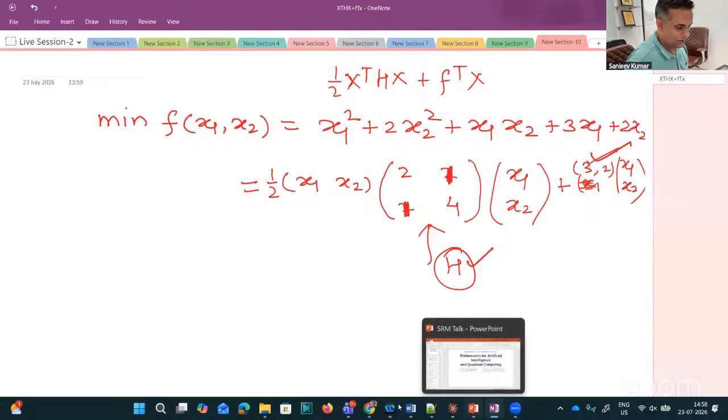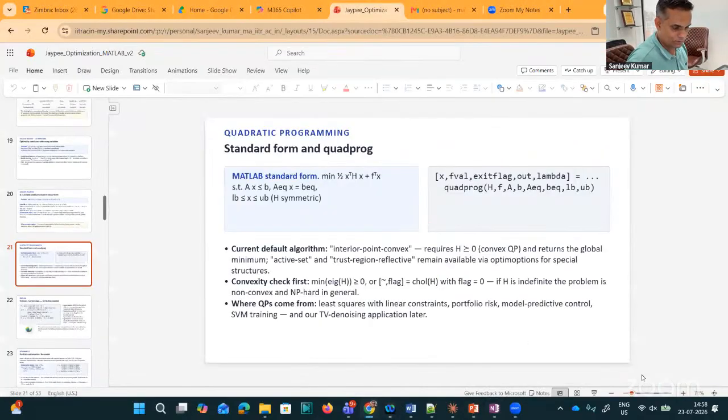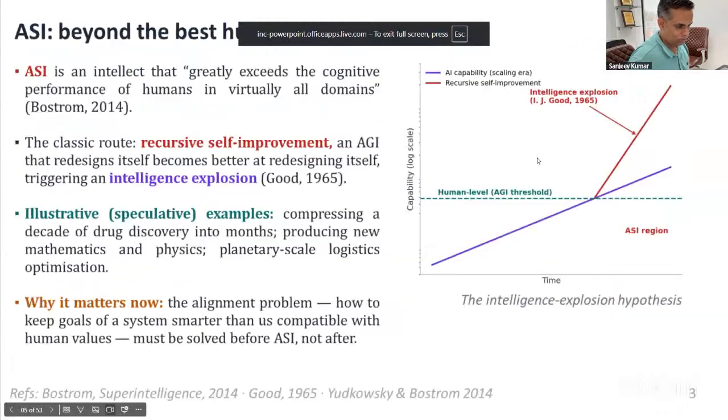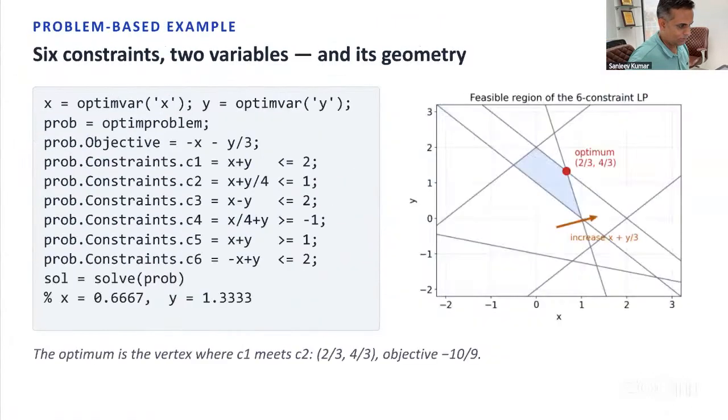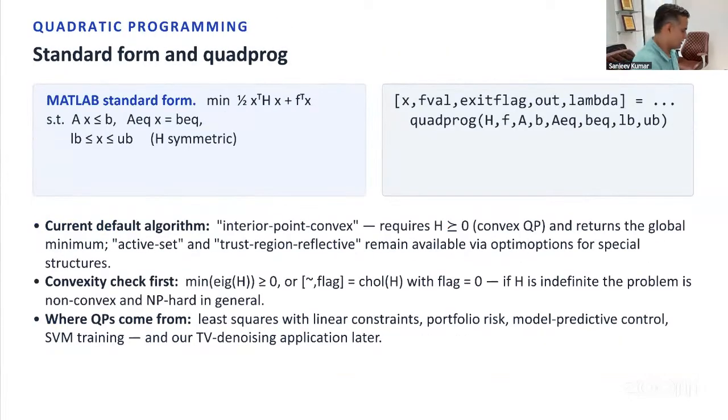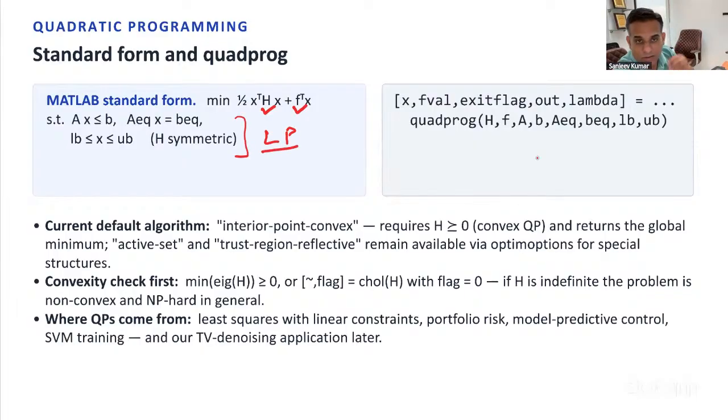and then easily I can use the quadprog functionality. So x, you know how to write, f, how to write, and these will be like LP only, like you do in a linear programming problem.